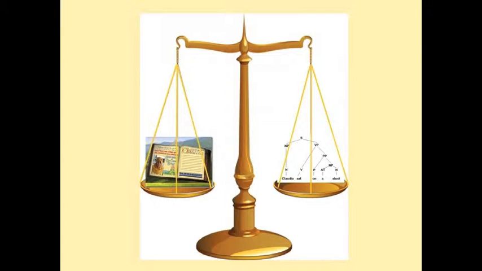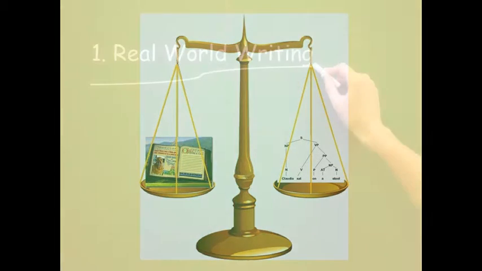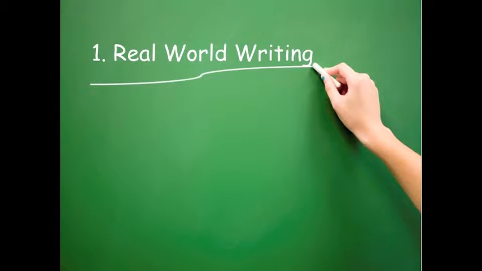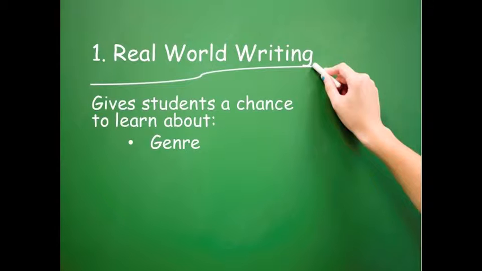Let me share how. First, as you create your own writing assignments, consider mimicking real-world writing. Real-world writing will give students a chance to learn about genre, style, audience, and purpose.